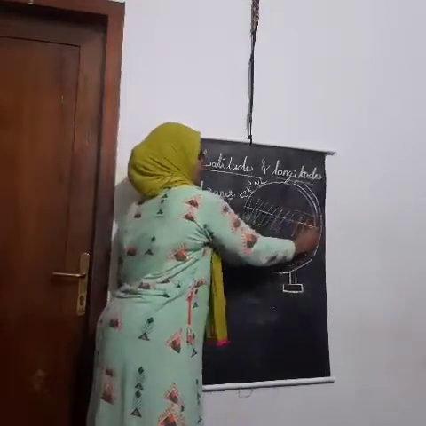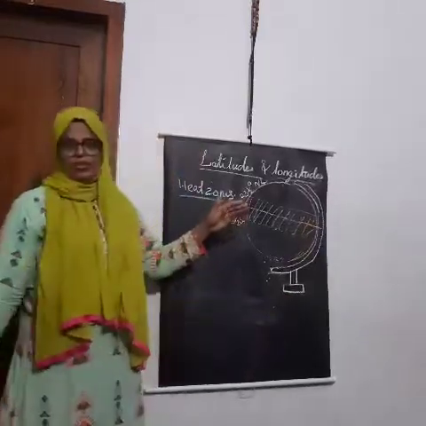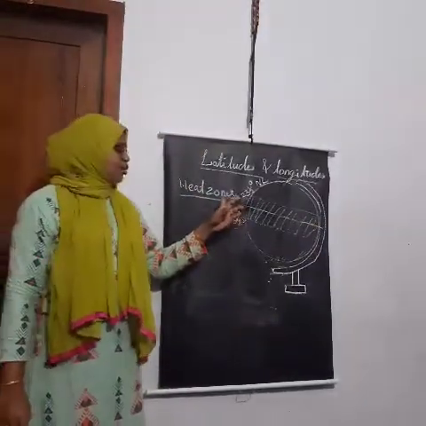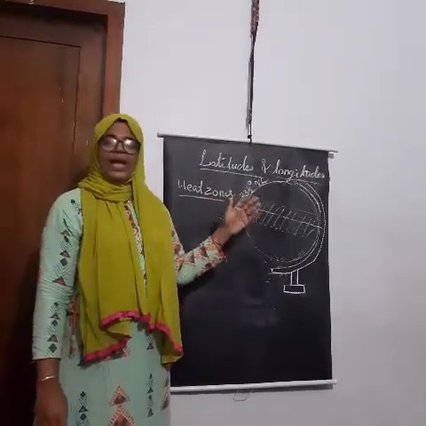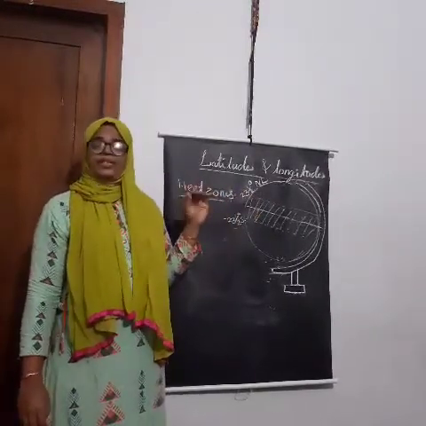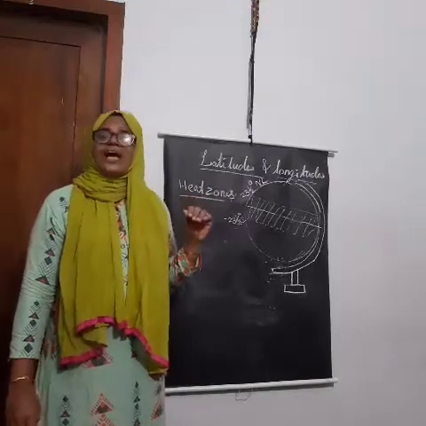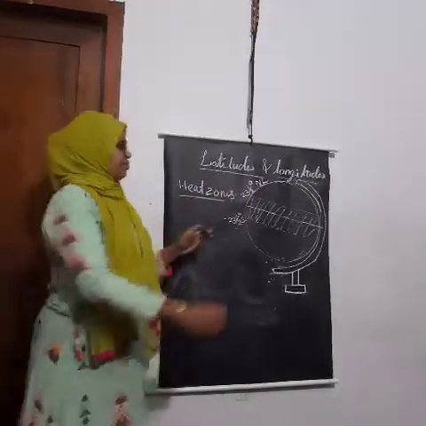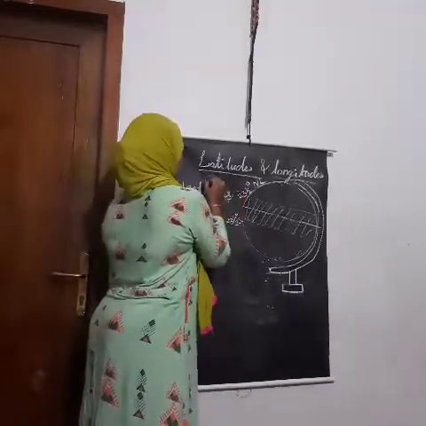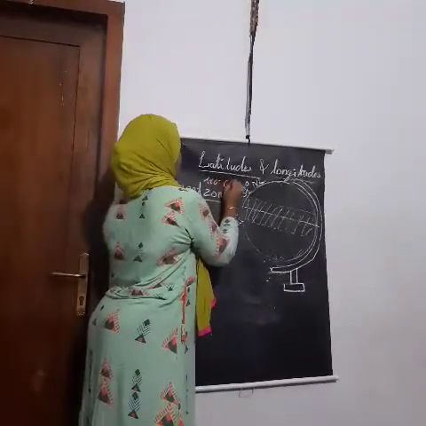And there is a peculiar name for these latitudes. Let's discuss that. 23.5 degree north latitude is named Tropic of Cancer. Tell me, Tropic of Cancer.